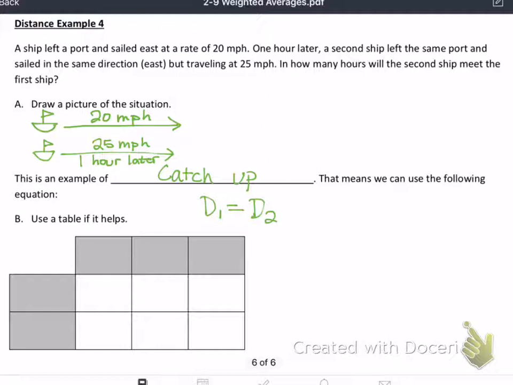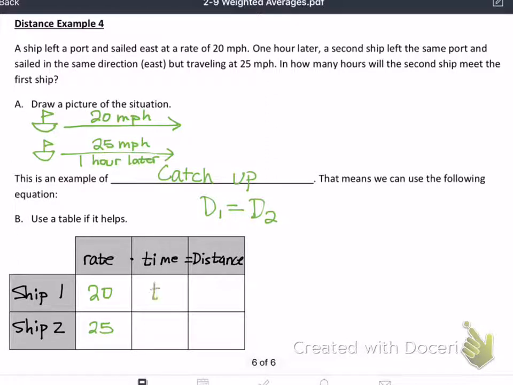On the left side I have two ships. Ship 1 and ship 2. And then again, distance formula is rate times time is equal to the distance. Now, we know the rate of the first ship is 20 miles per hour and the rate of the second ship is 25 miles per hour. For the first ship, we don't know how long it's been traveling, but let's just represent that as t.